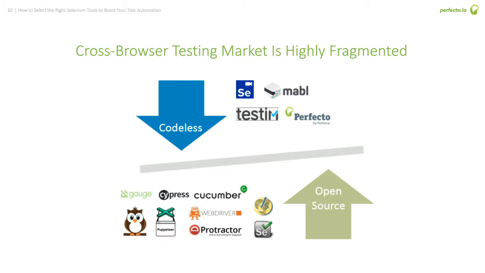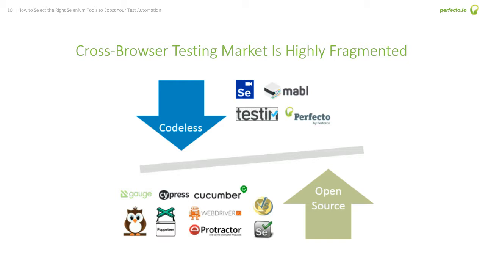So we are seeing cross-browser testing teams, which includes all the different personas that I mentioned earlier, looking at tools such as Gauge from ThoughtWorks, Cypress.io, the headless browsers from Google, Puppeteer, Nightwatch, Protractor, WebDriver, Selenium, obviously, Concept.js, Cucumber BDD. These are all open source, or at least they have a flavor of an open source.